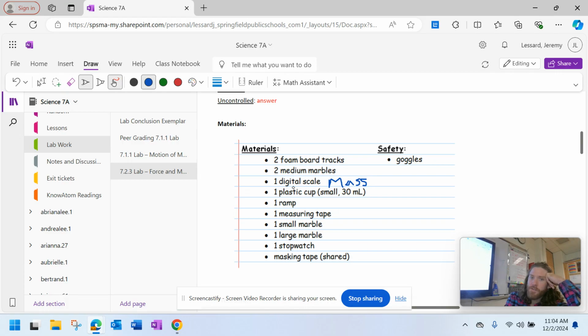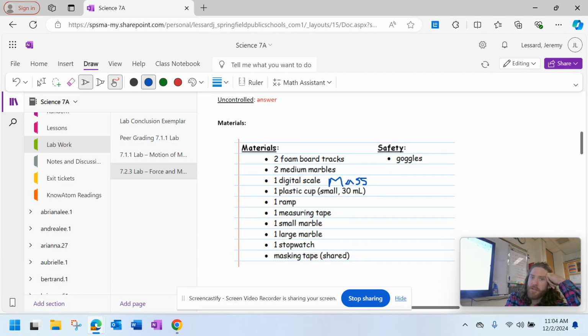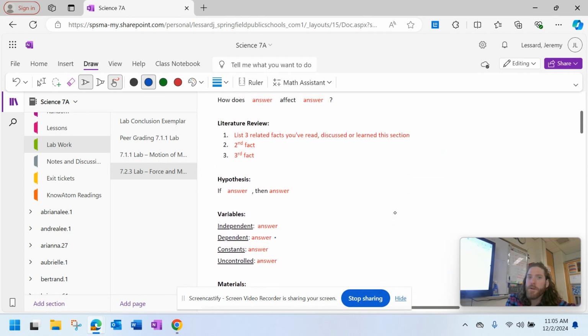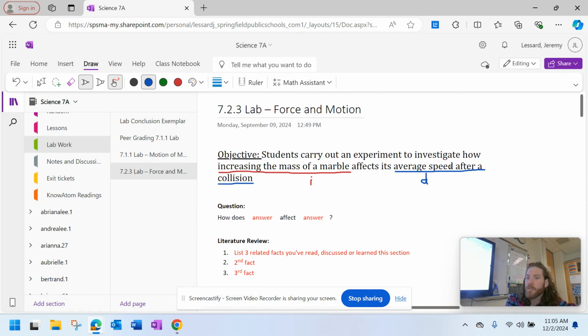So once we've measured that and looked at these materials, we're also going to notice that we have a measuring tape and we have a stopwatch. And so we're going to be measuring distances with the measuring tape, and we're going to be measuring time with the stopwatch. But if we remember, we're not looking for distance or time, we're looking for speed.